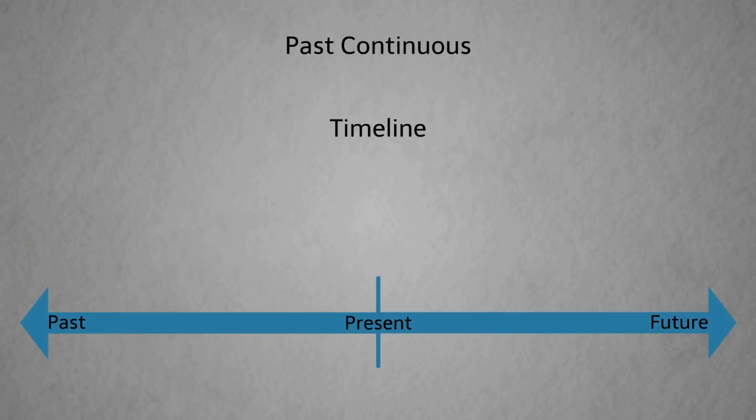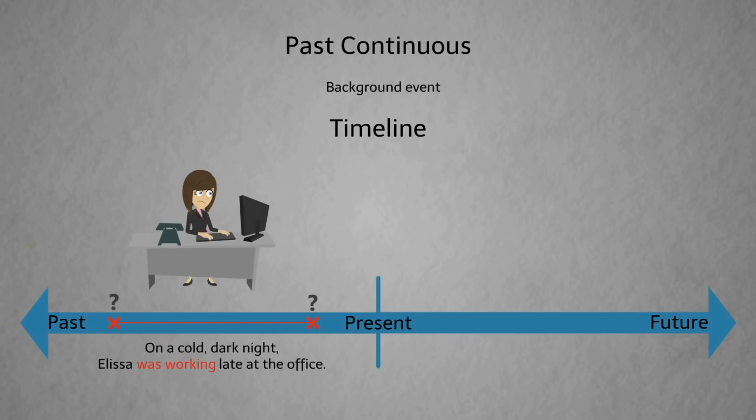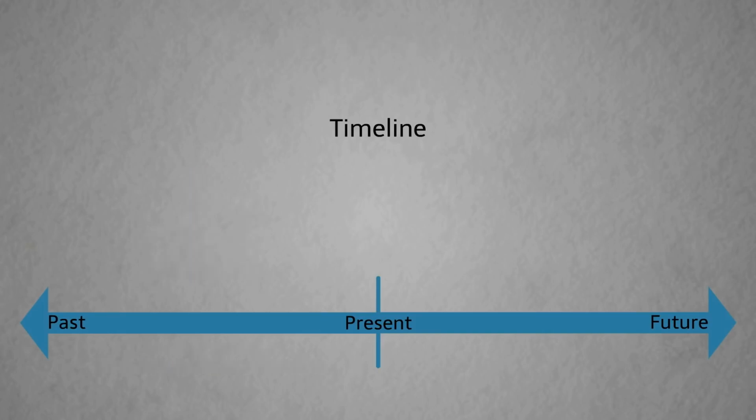We can also use the past continuous for background events. For example, on a cold, dark night, Alyssa was working late at the office. This sentence sets the background and the setting of the story. We use the past simple for completed actions or repeated actions.